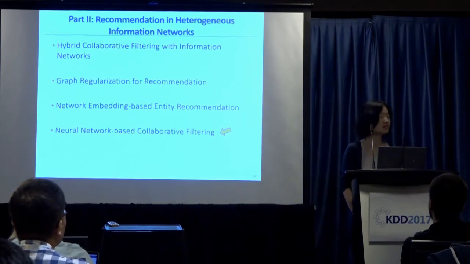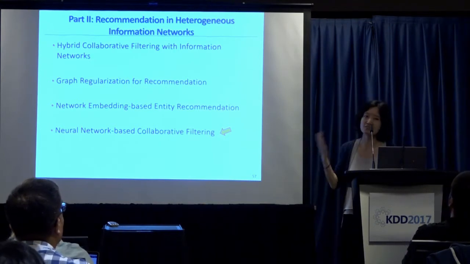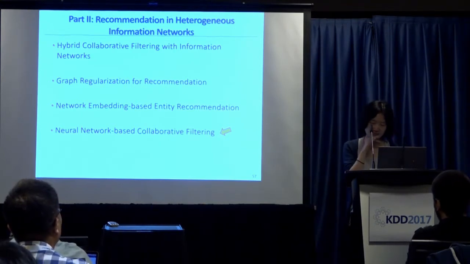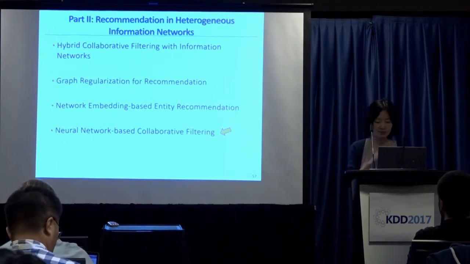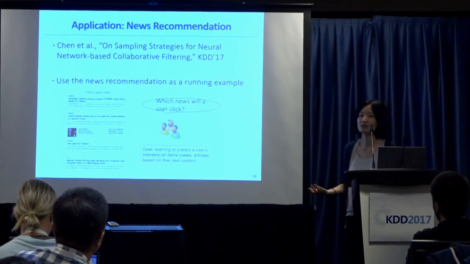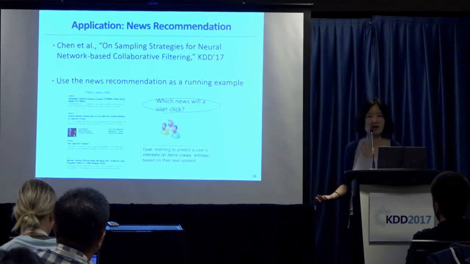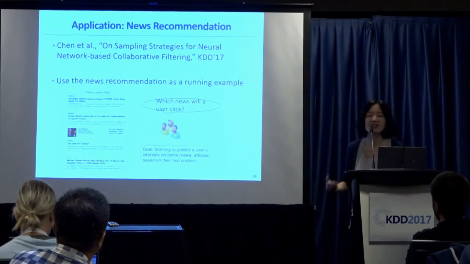The last one, the flavor is different from the previous three tasks, and it's also a paper accepted in this year's KDD. This one is talking about how we can further enhance the speed when our collaborative filtering involves some very complicated computation, like deep neural network computation.